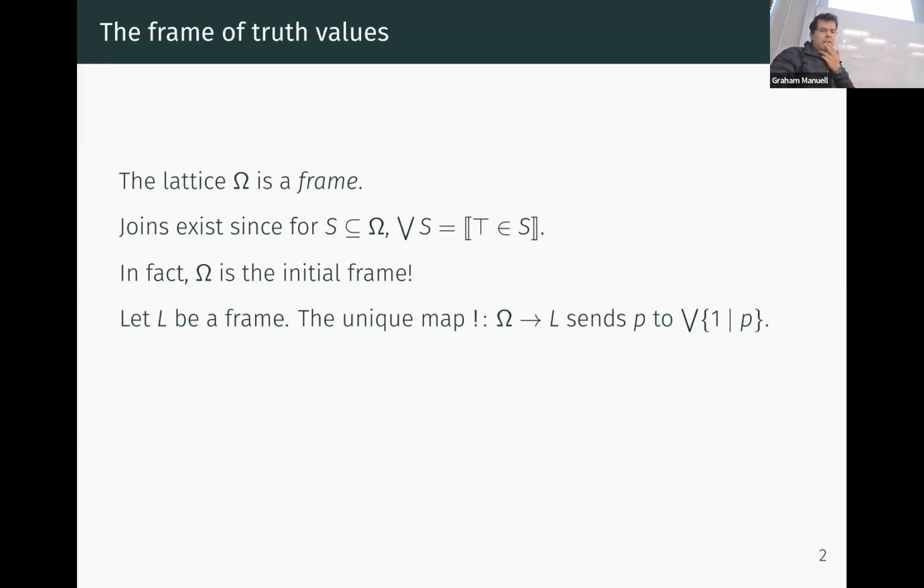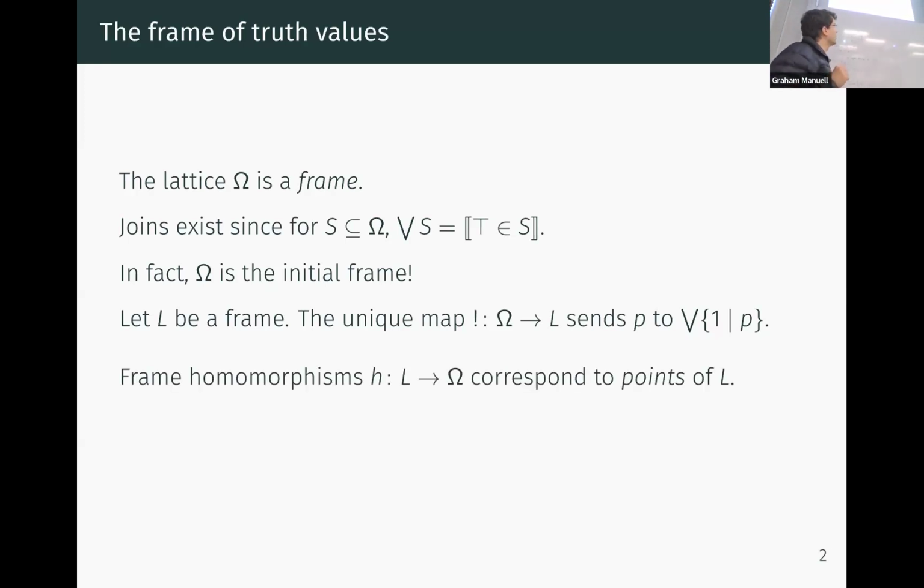Okay. So I told you that morphisms into omega correspond to certain subsets, or to all subsets. So if we have a frame homomorphism into omega, that's going to correspond to a certain subset of the frame. So it's the initial frame, right?